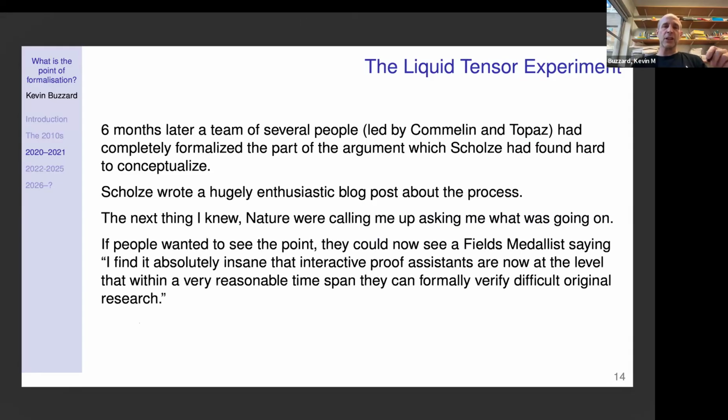And I could point them to Scholze, who had written this quote: "I find it absolutely insane that interactive proof assistants are now at the level that within a very reasonable time span, they can formally verify difficult original research." A Fields medalist said this, and it was his own research. And all of a sudden, you can kind of see that maybe this is justification.